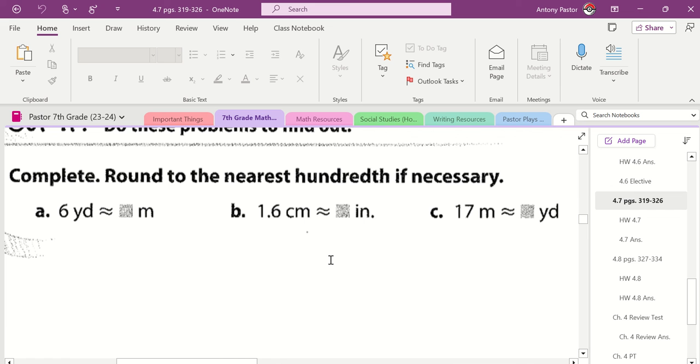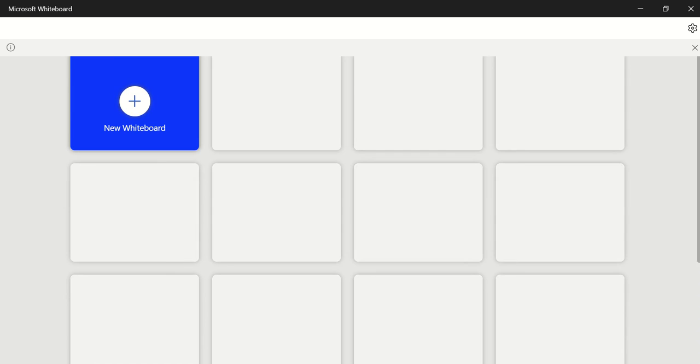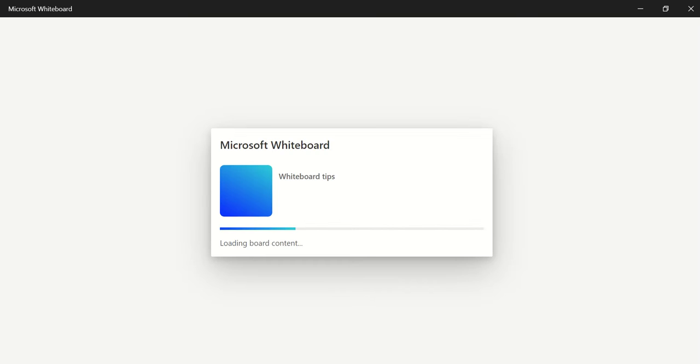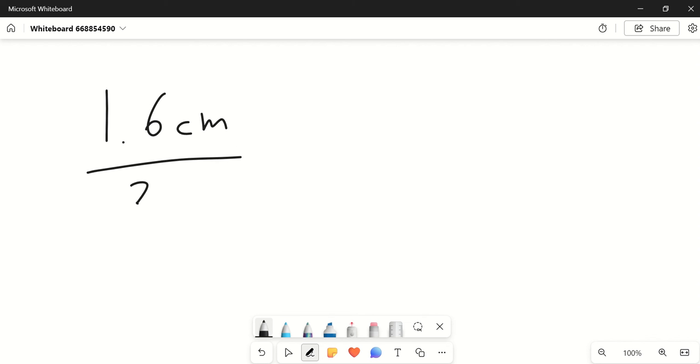We want to find out how many inches 1.6 centimeters would equal. So let me walk you through how I would set this up. So 1.6 centimeters, we want to find out how many inches it equals.